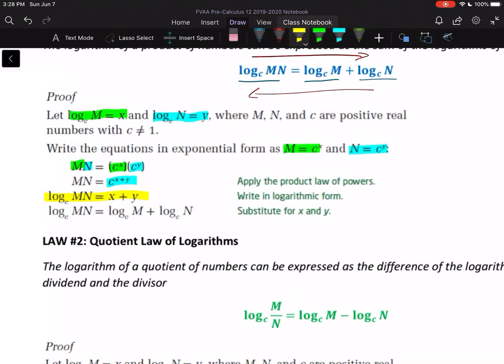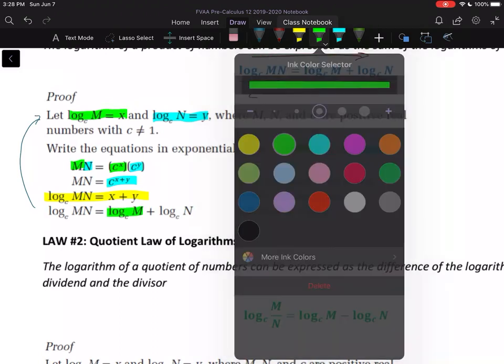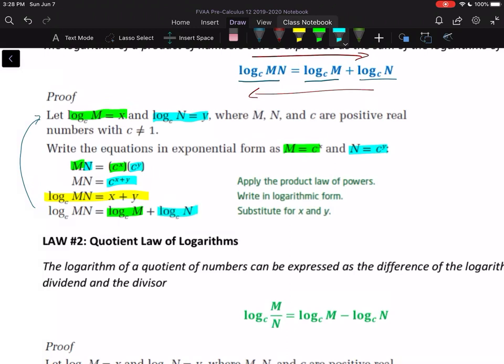And then we know that x and y were originally substituted: log base c of m is equal to x, and log base c of n is equal to y. So x and y can be substituted back with those, and then we've proved that those are indeed equal on both sides.